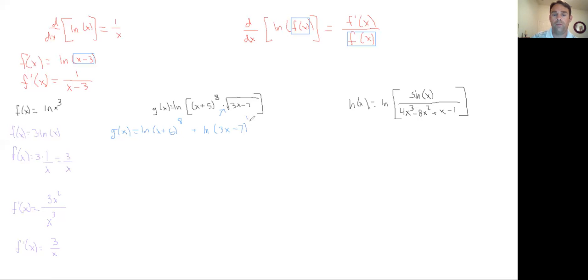And now notice, I have these 1/2 and 8, they're exponents, so I'm going to move my exponents to the front. So now I'm going to have natural logs that are pretty straightforward. They're not going to be all that bad. So I got 1/2 here, natural log of 3x minus 7.